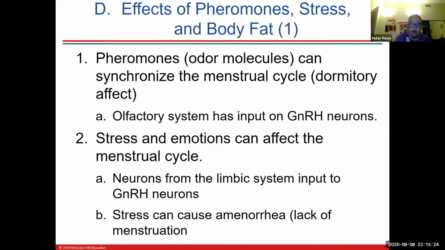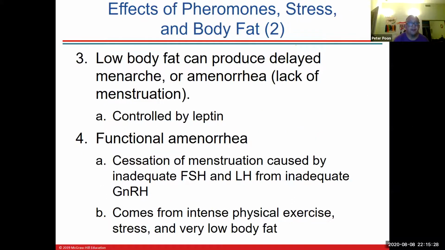That would only increase the risk to your health. Same thing with low body fat: lack of preparation for pregnancy, no ovulation.